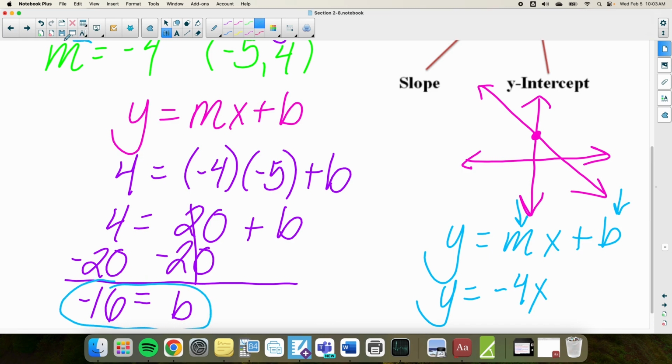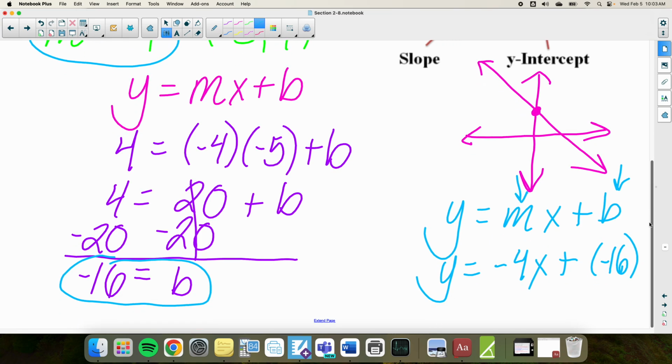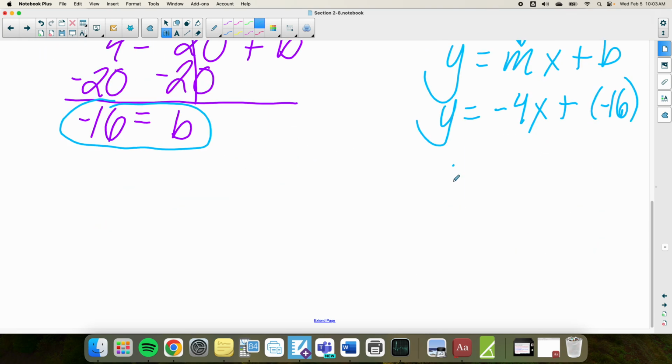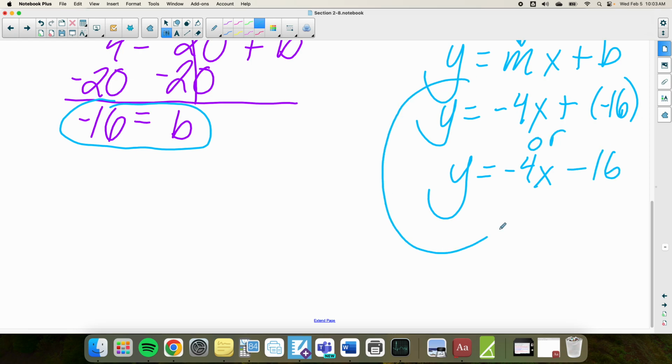So you take your m from here and your b and you substitute those in. So you could go plus a negative 16, or you could just write that as y equals negative 4x, and that would be minus 16. Either of those are correct.